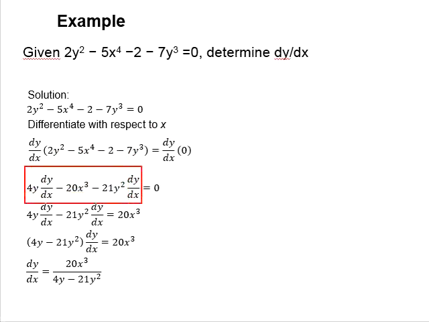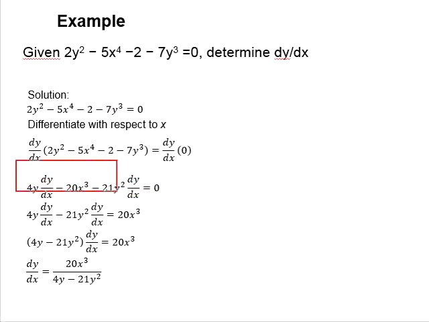You will get this. As 2 here and 0 are constants, differentiating them will ultimately lead to 0. And when you encounter differentiation of the function y, remember to incorporate dy/dx. This gives you this equation here.